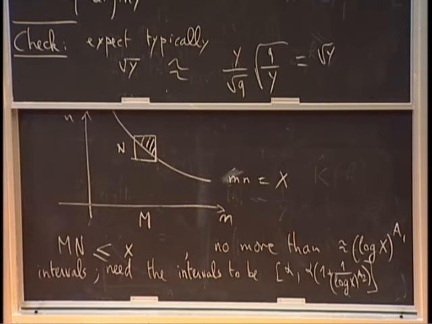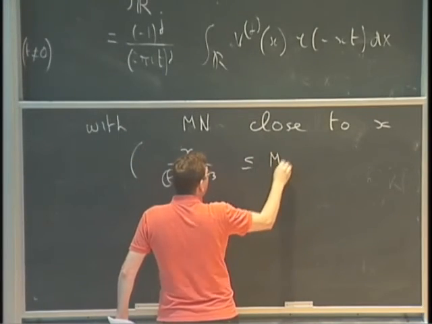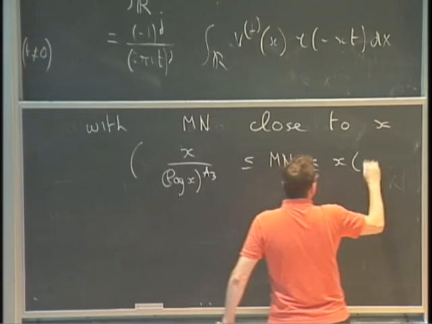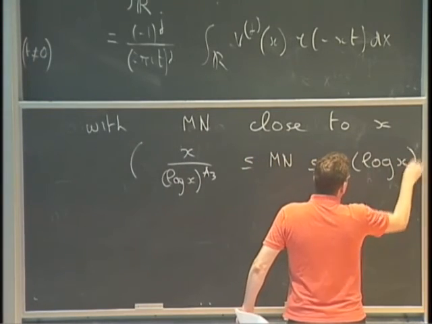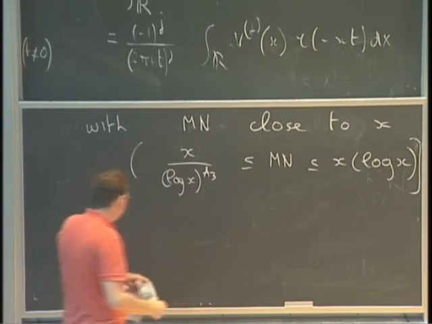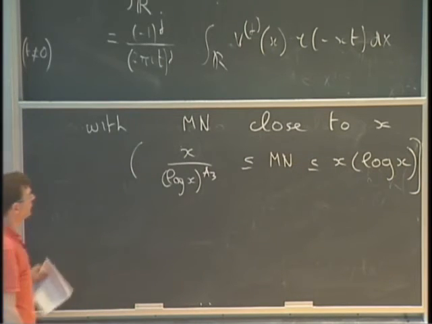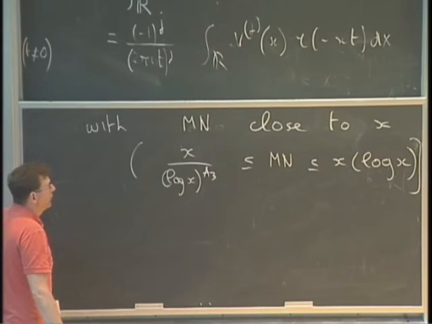We only want to gain powers of log x. So something like x over log x to some huge power, x maybe times log x, something like that. So m times n is quite close to x, and the rest is trivial.